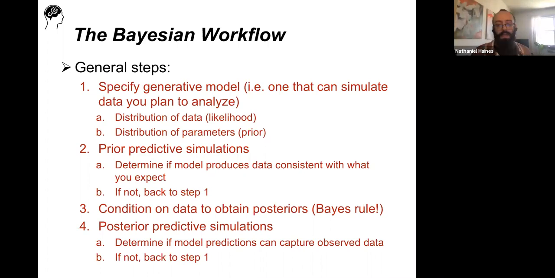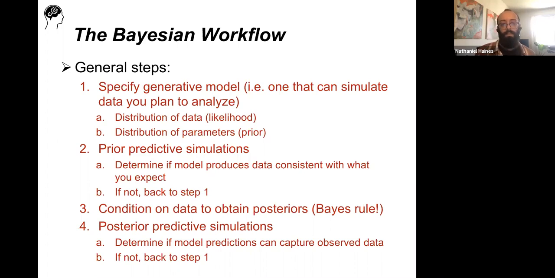Now let's see if we can simulate data that looks more consistent with what we actually observed than previously. And in this stage, we might find that a whole host of things could go wrong. Maybe we made a bug in our code, or the model was just doing a really bad job. If that's the case, then we might have to go back to step 1.